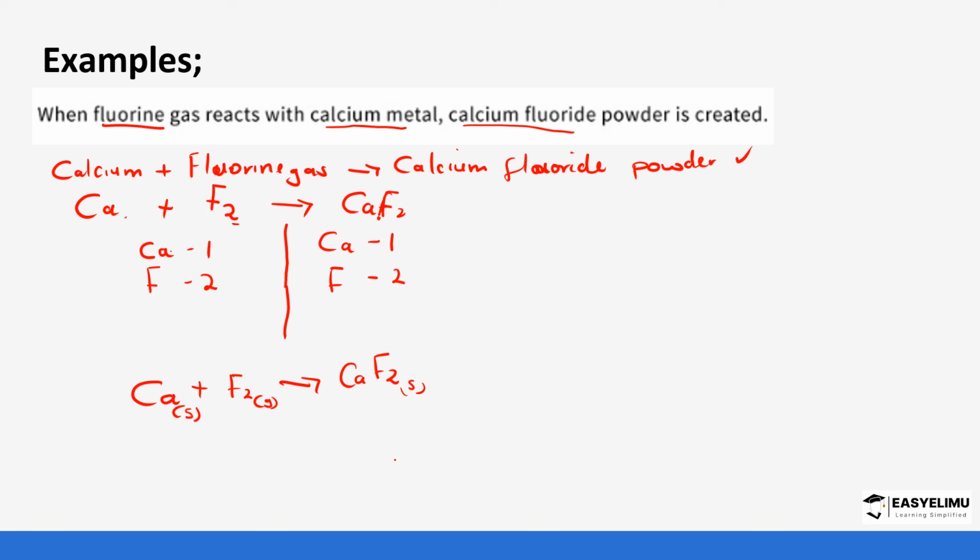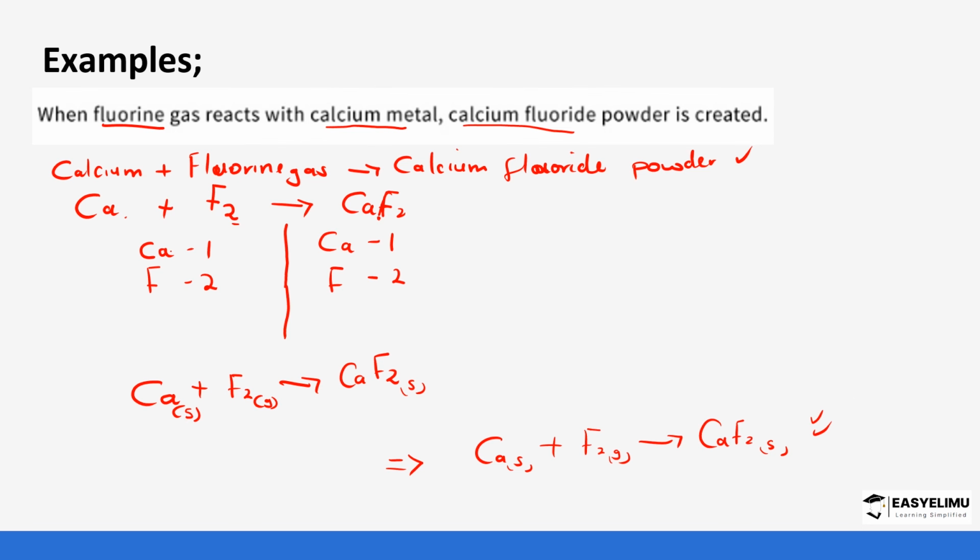So this is our final equation. Calcium solid reacts with fluorine gas to form calcium fluoride, which is solid in state.